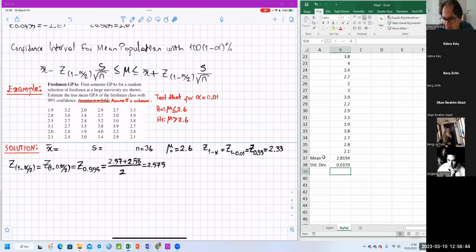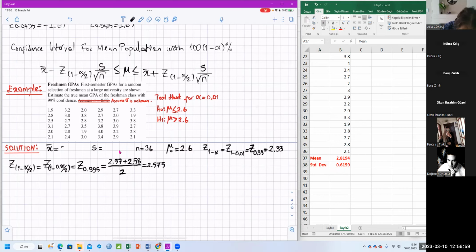That's the result I'm dealing with. So the mean X bar is 2.8194. The sample standard deviation is 0.6159. Okay.